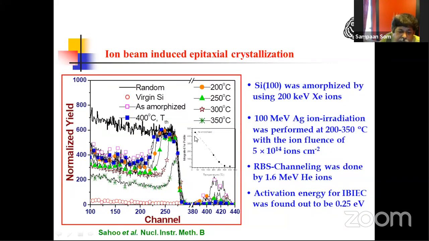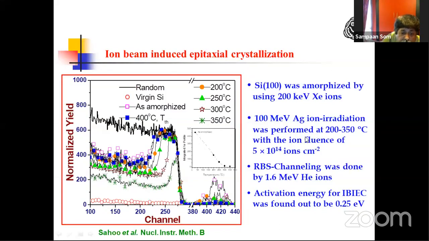This magenta squared signal is obtained from the as-amorphized sample. If everything up to a certain depth is amorphized, for that depth we cannot channel the ions through the substrate signal, so automatically these get added together with the substrate signal. The substrate signal before amorphization through ion beams came up from here to here, from the red circles to the magenta squares. And then it remains like that as this amorphized sample further undergoes energetic ion bombardment at elevated temperatures.